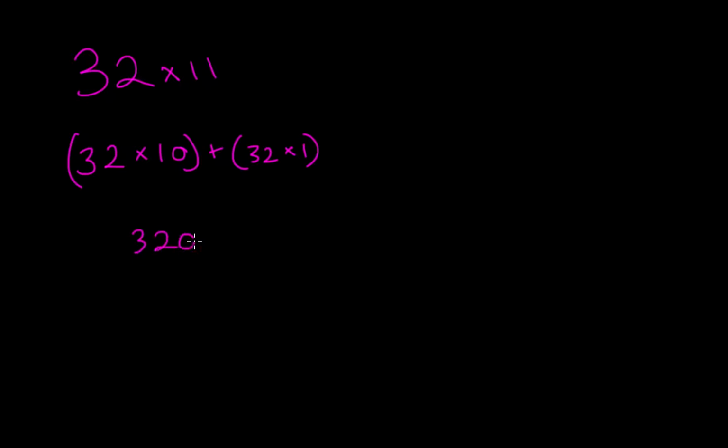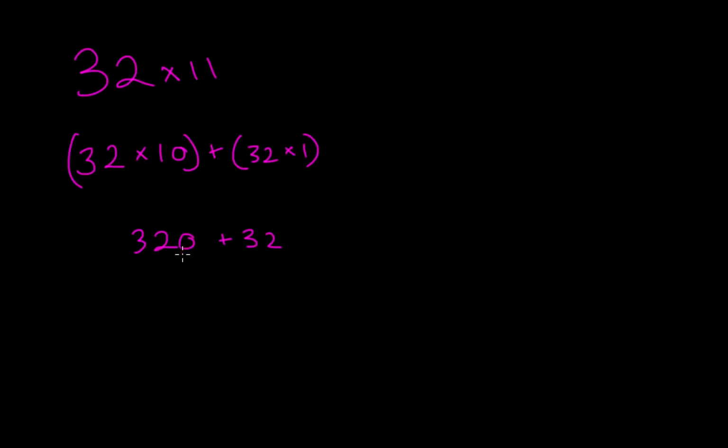Let's just say 32 times 11. And I can see this as 32 times 10 plus 32 times 1. And so we can see that that's 320 plus 32.